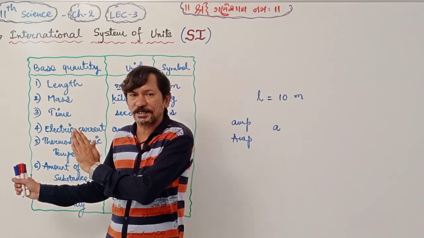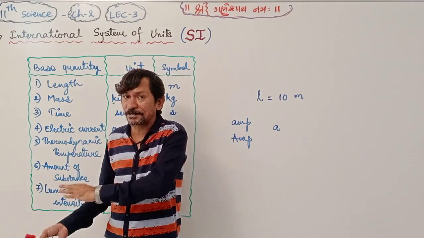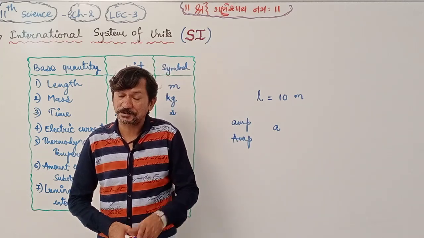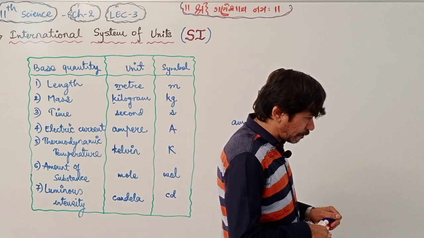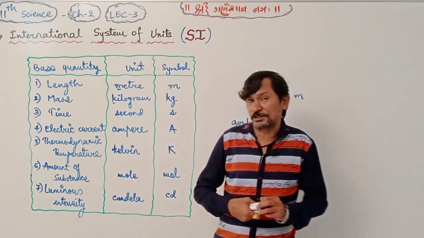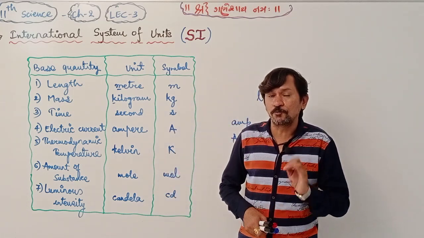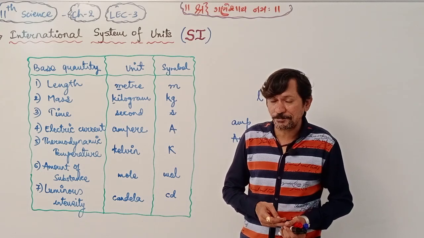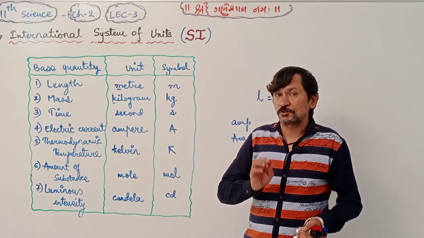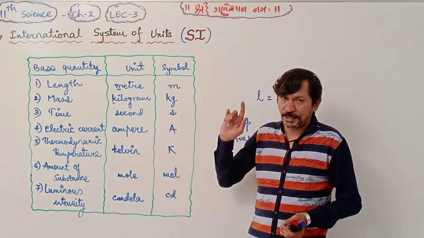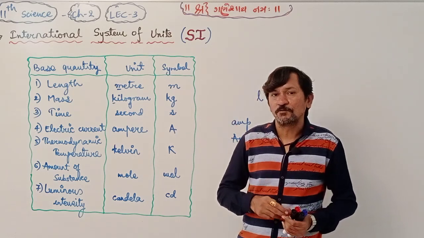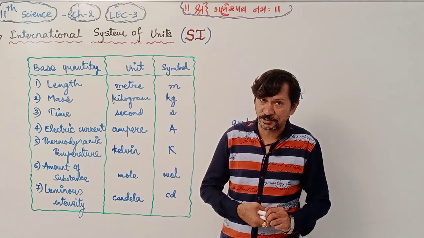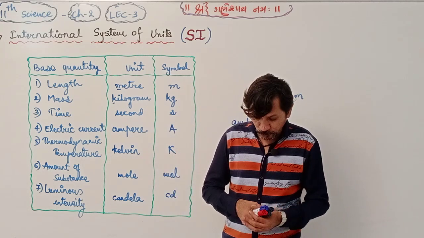Only 7 quantities are base or fundamental, then the remaining all are called derived physical quantities. But there are 2 physical quantities which are not fundamental, not derived, and these 2 physical quantities are known as supplementary physical quantities.